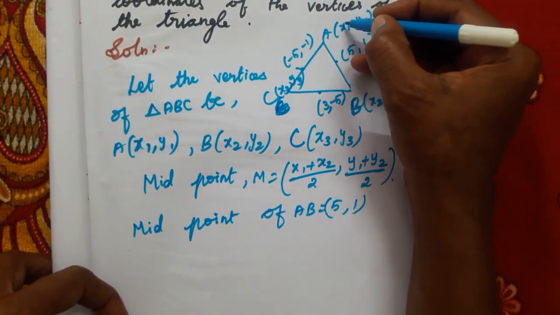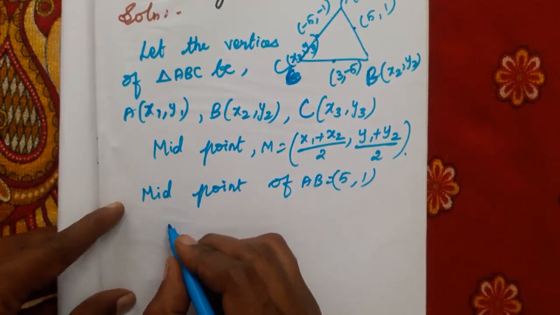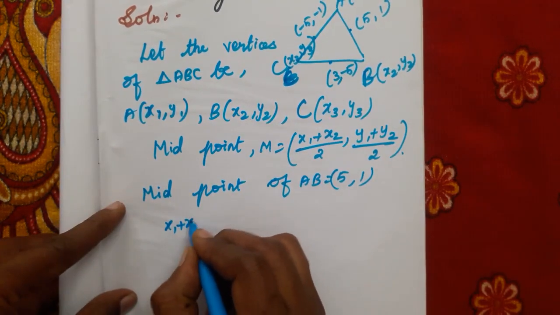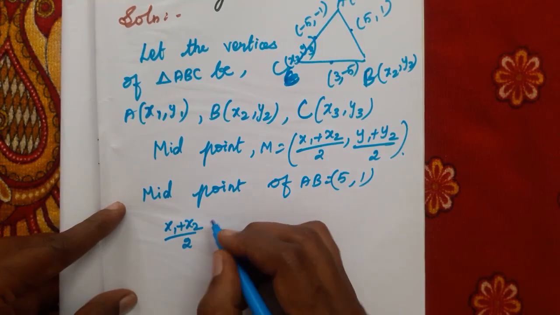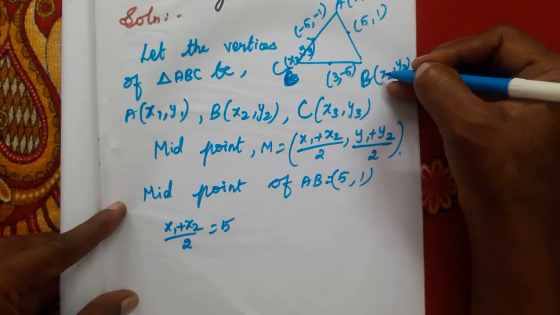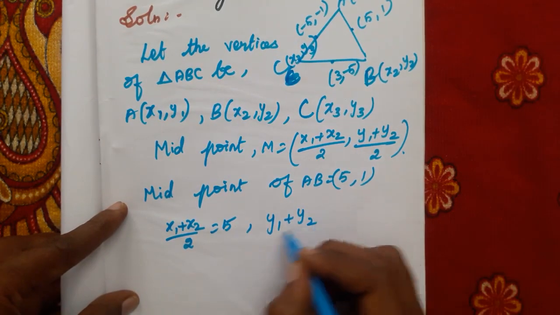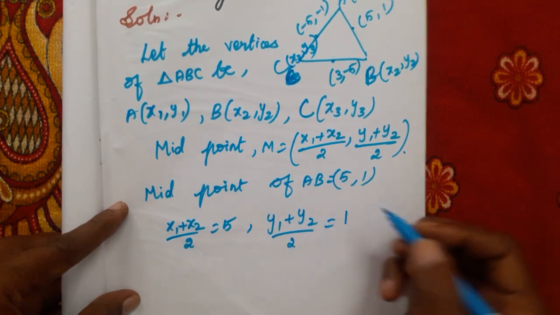Midpoint of AB means (x1 + x2)/2 is equal to 5, and (y1 + y2)/2 is equal to 1.